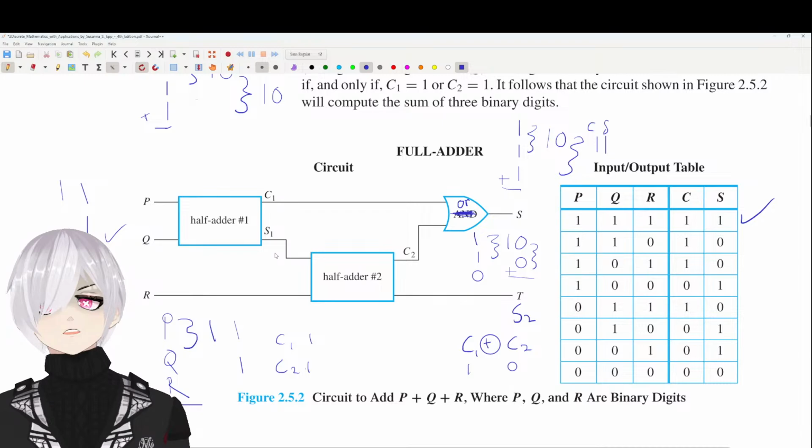Now that we know the mechanism of how it works, we can just write full adder and say that's the internal workings of it. I forget how it works so easily.